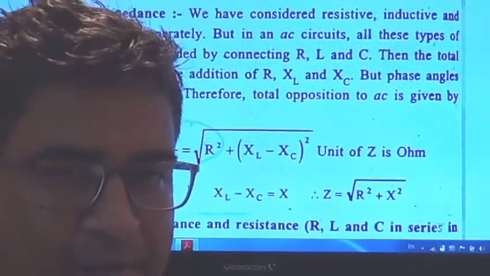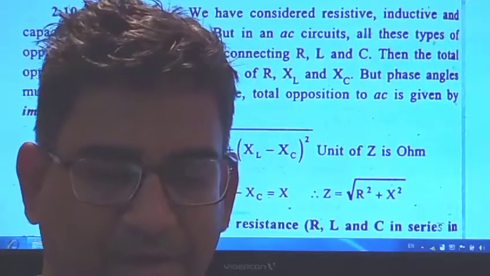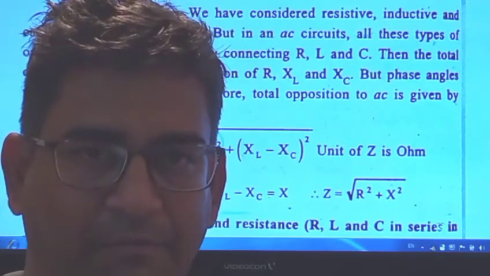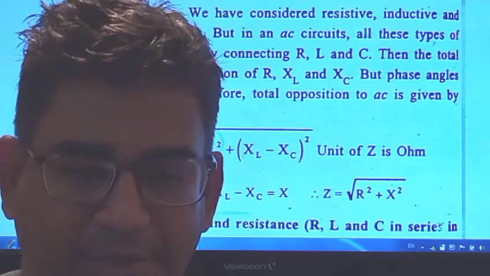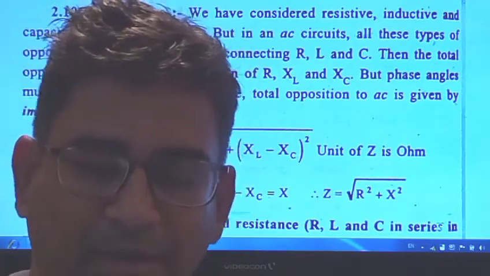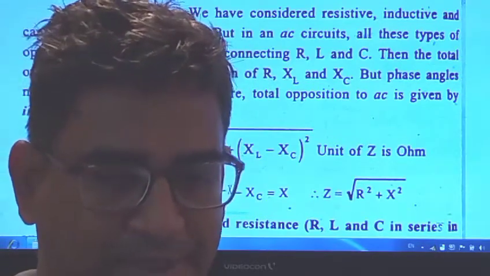Then comes the impedance. The impedance considers the resistive, inductive and capacitive circuits together. If these three are connected in one particular format in an AC circuit, all of them oppose the current.